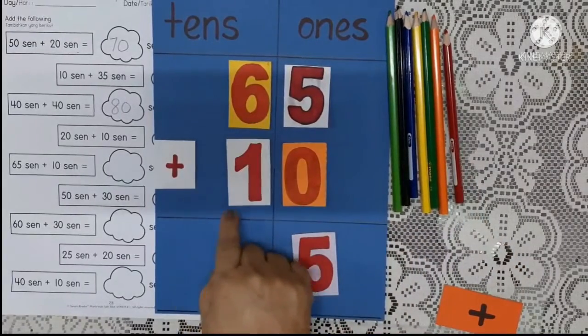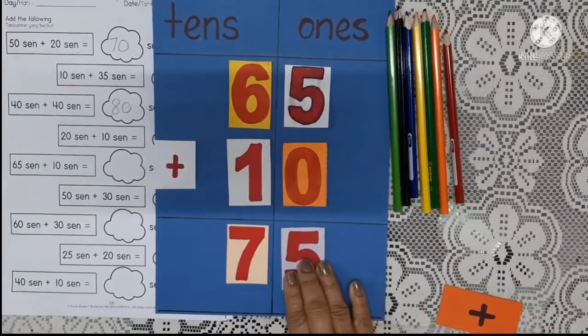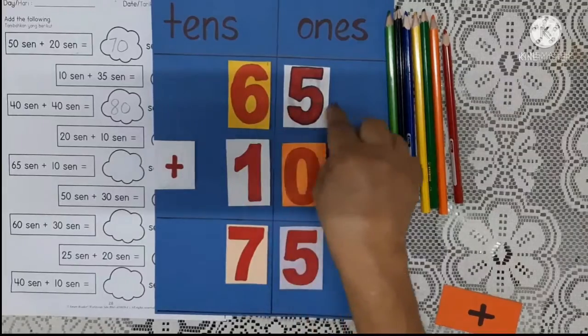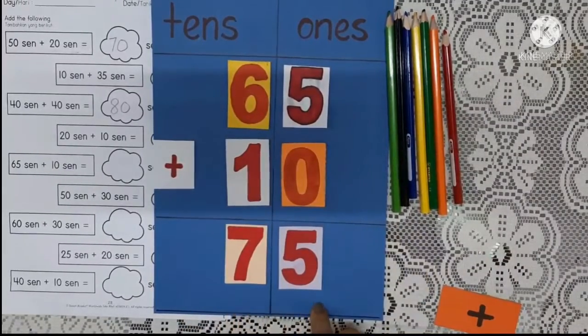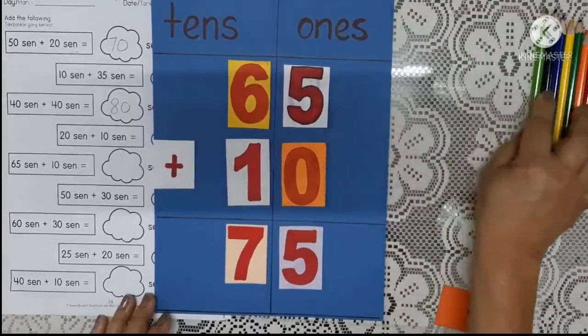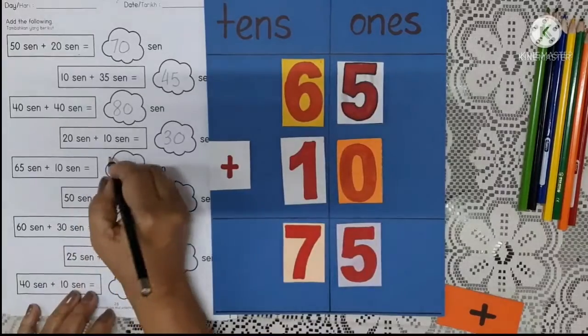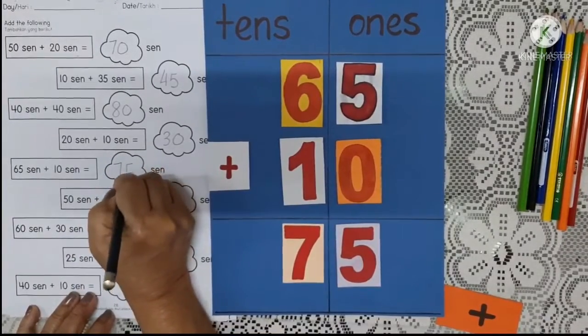So 6 plus 1 equals 7. So what number is this? 75. So 65 plus 10 equals 75. Now let's write it out. 75.